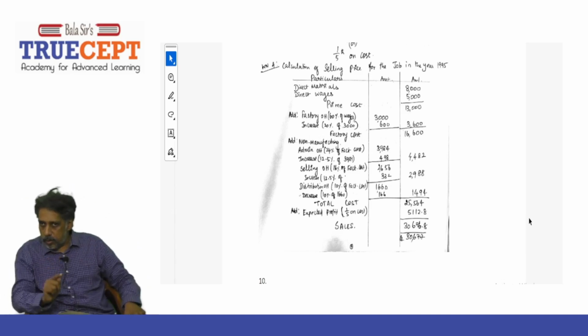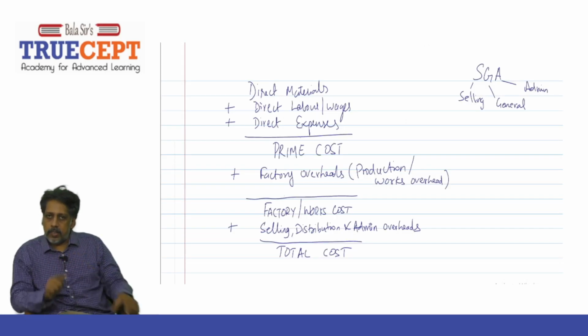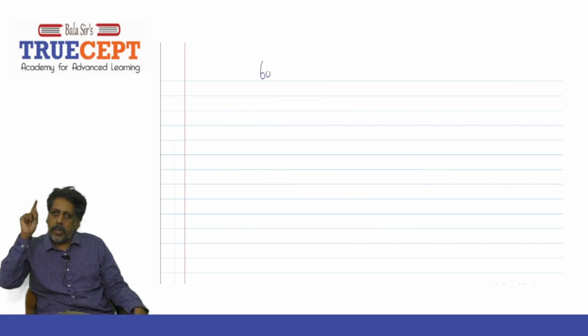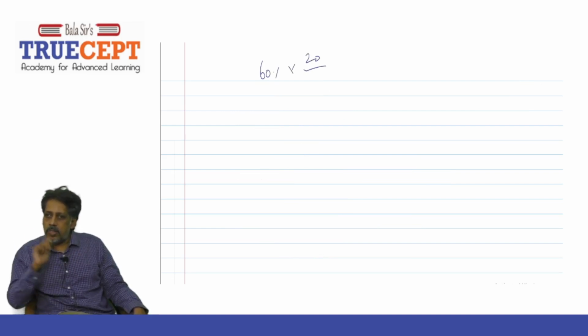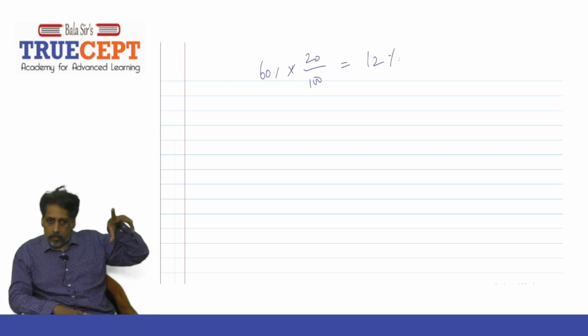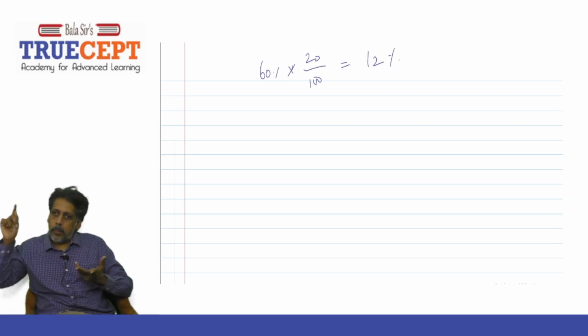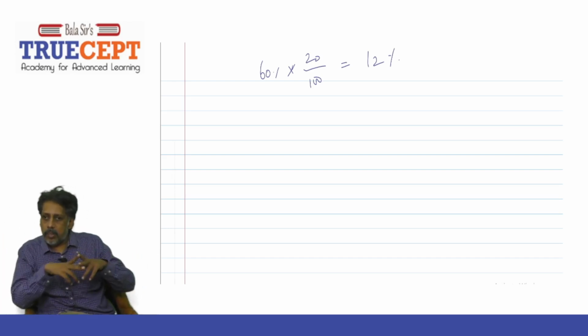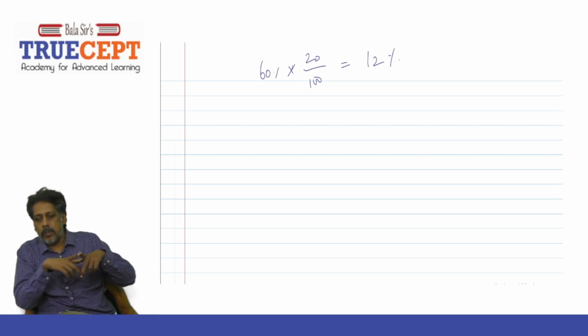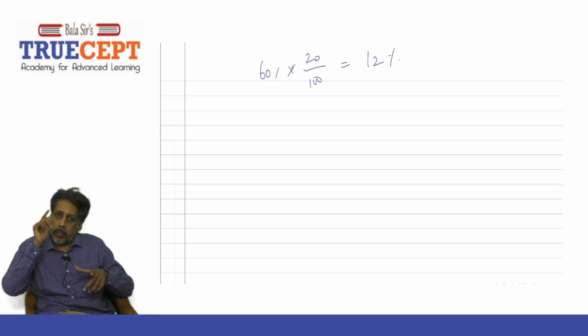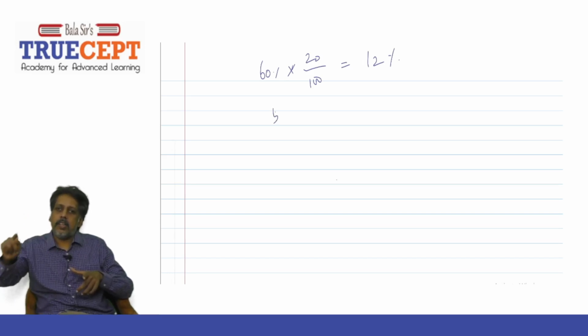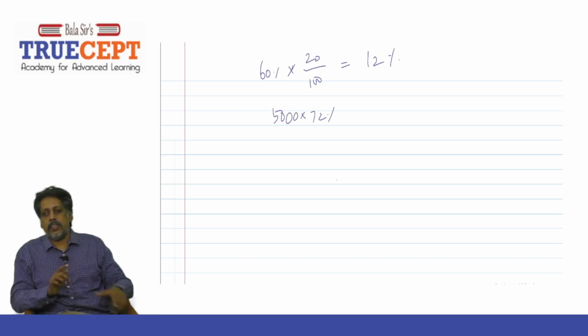That means first, what is 20% of 60%? Can you do that on the screen, Renuka? Just work it out. 60% into 20 by 100 is 12%. We know that the factory overheads are 60% of wages. On that, 20% increase means 20% of 60 is 12% extra. Adding both, you get 72%. Now I can say that my factory overheads are 72% of direct wages after inflation.